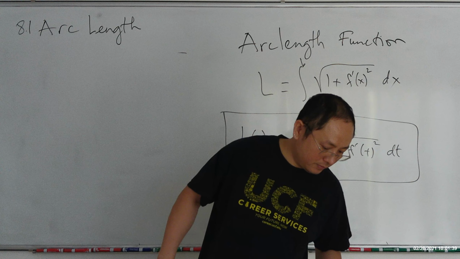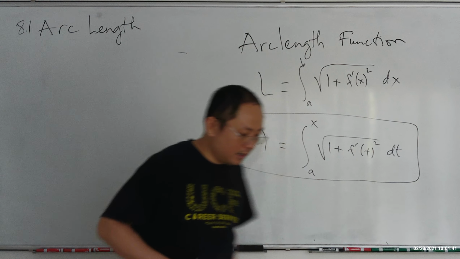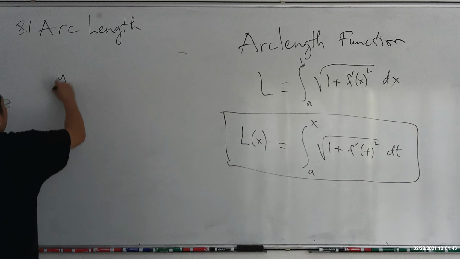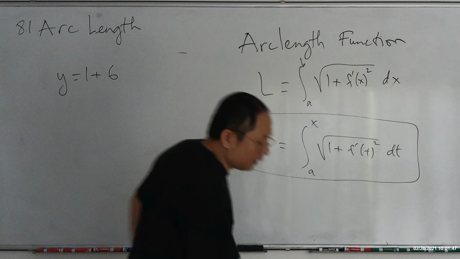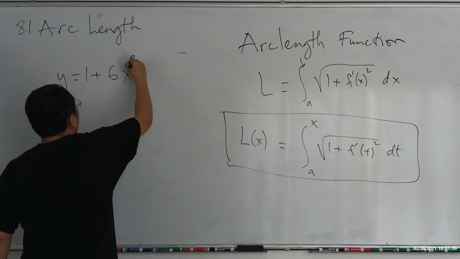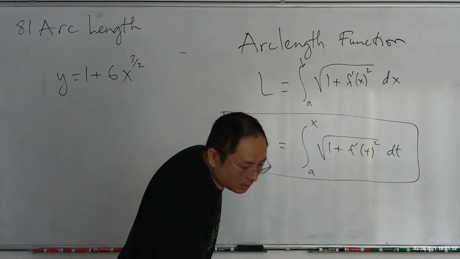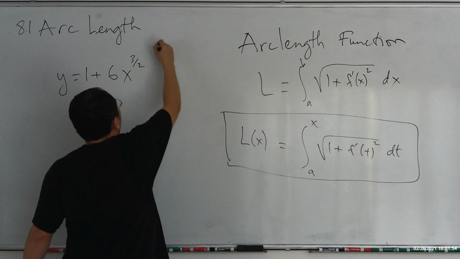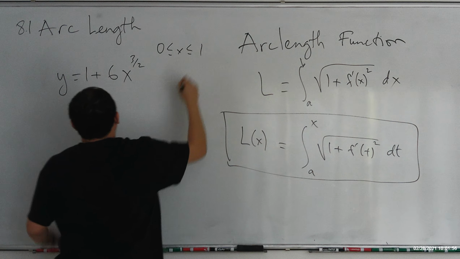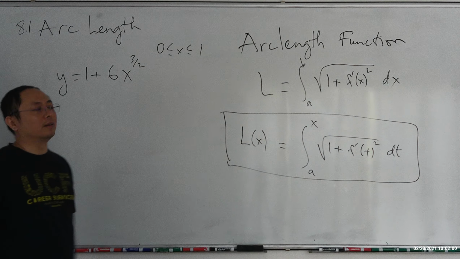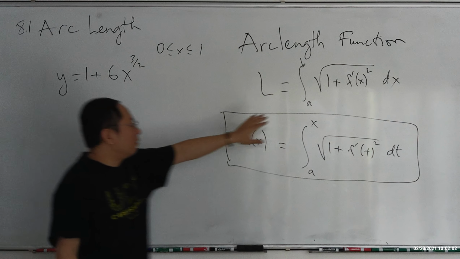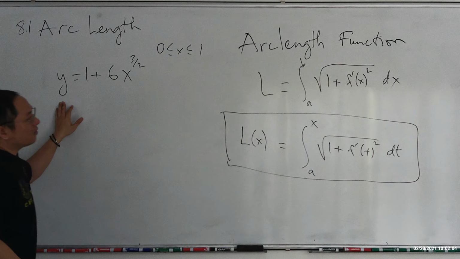Let's just start with the first one I see in here. Y is equal to 1 plus 6 times x raised to the 3/2, where x runs from 0 to 1. Okay, nice. Now I have to calculate the arc length of this function when x runs from 0 to 1. Okay, so we just apply the formula. So y is here, y is f, right?